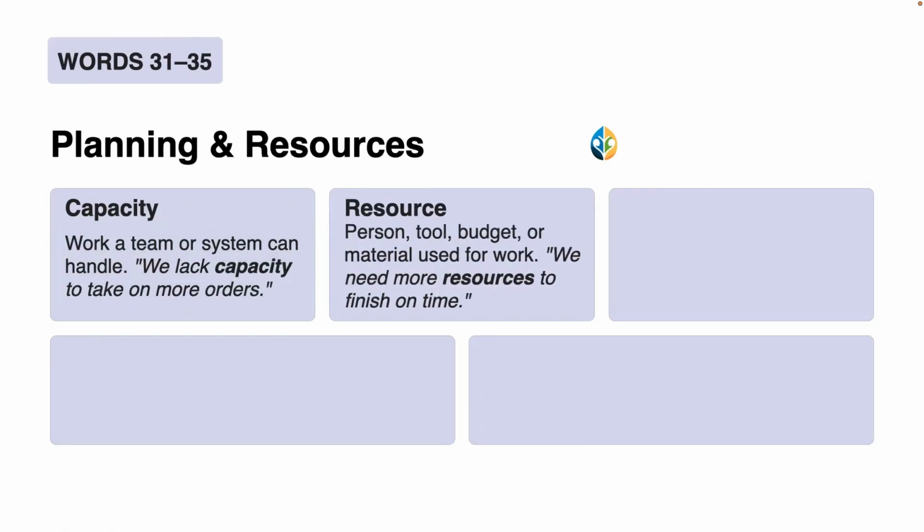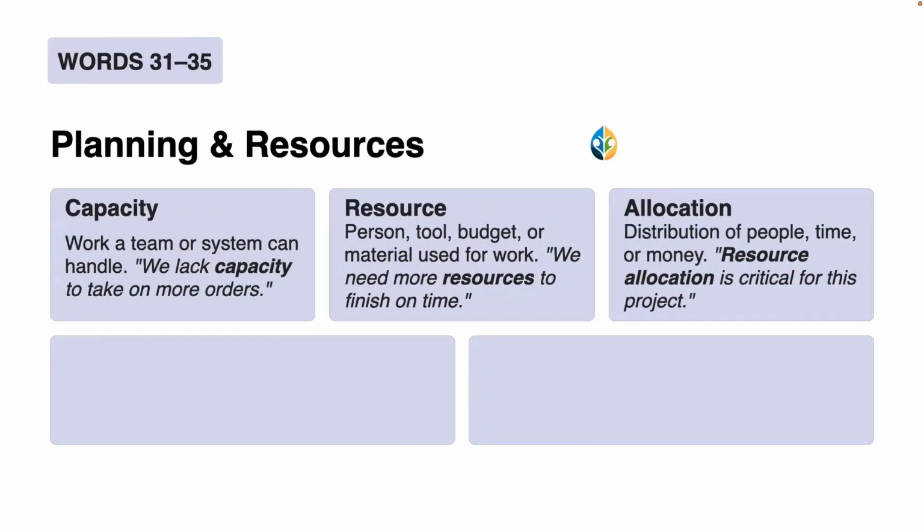A person, tool, budget, or material used for work. We need more resources to finish on time. Allocation. Distribution of people, time, or money. Resource allocation is critical for this project.